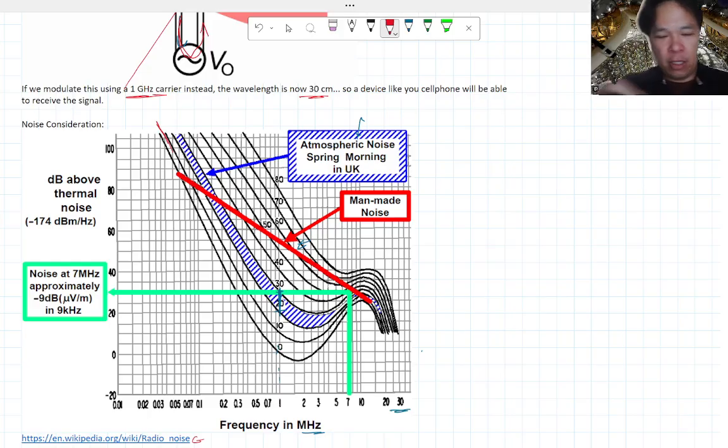If you were dealing with, let's say, a 1 megahertz signal, your noise level will be about 30 decibels, because it's on a decibel scale here. The horizontal axis is frequency, the vertical is the noise in dB.